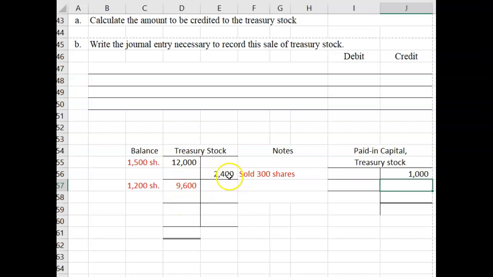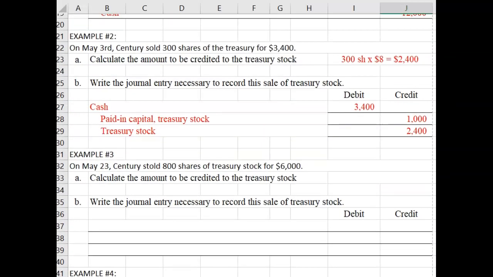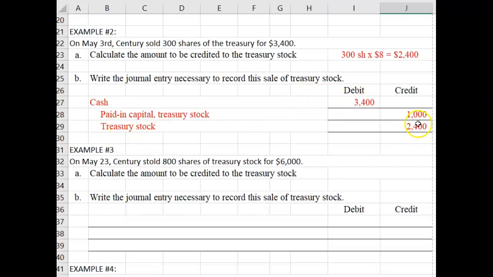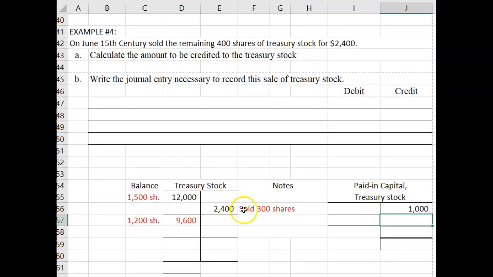This $2,400 credit to the treasury stock account came from the last transaction we recorded, credit treasury stock $2,400. And I made a little notation here that we sold 300 shares. Well, if we had 1,500 shares and we sold 300 of them, that means we have 1,200 shares left for a balance of $9,600.